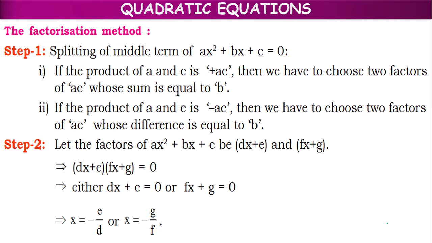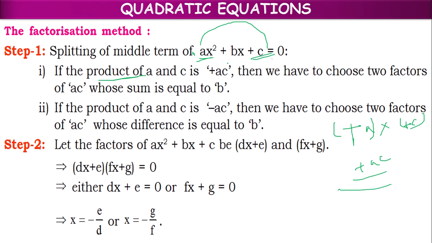That is first step. For that, we have to take the product of x square coefficient and constant, means here a, before which plus symbol is there, plus a into plus c, which is equal to plus ac.